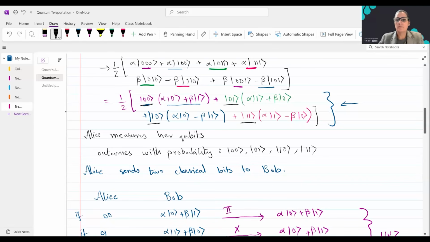And there was an equal probability, which would be 1/4, of getting each of these outcomes. So her quantum state, which was comprised of 2 qubits, also collapses to either 0 0, 0 1, 1 0, or 1 1. I hope that answers your query. Yes, Danso has replied it has.